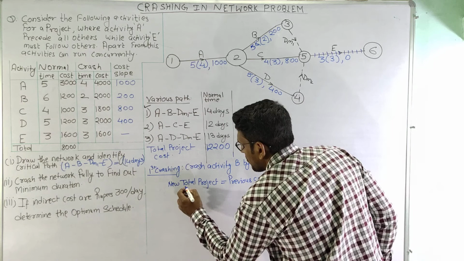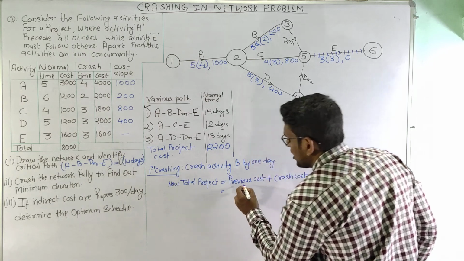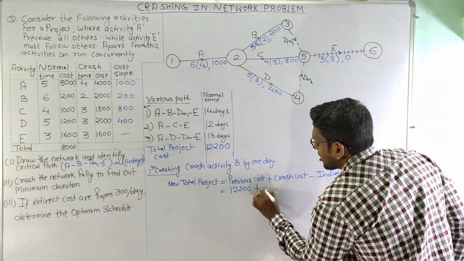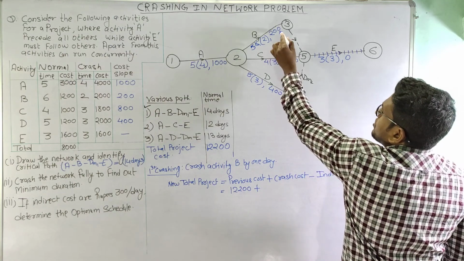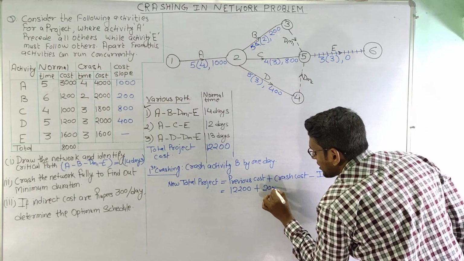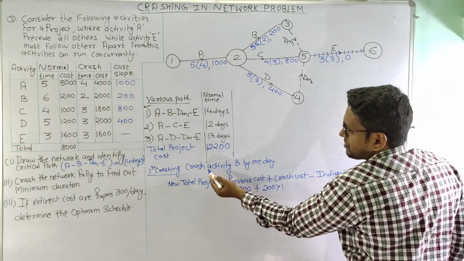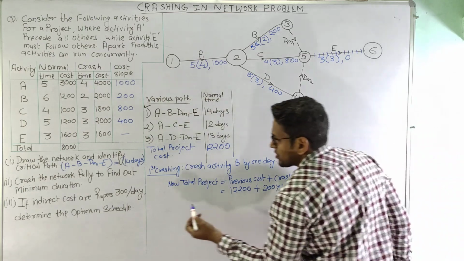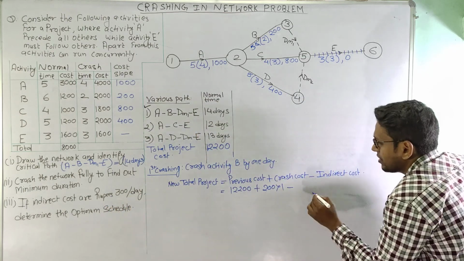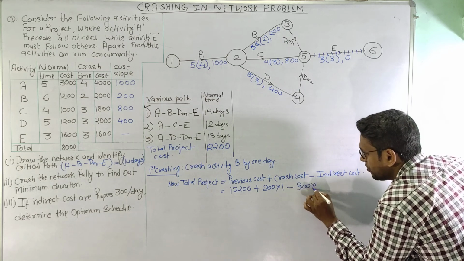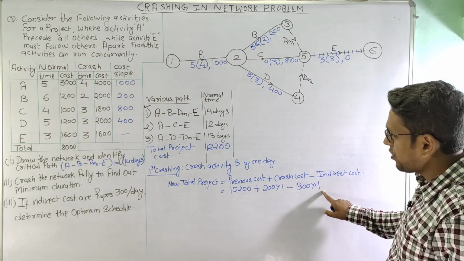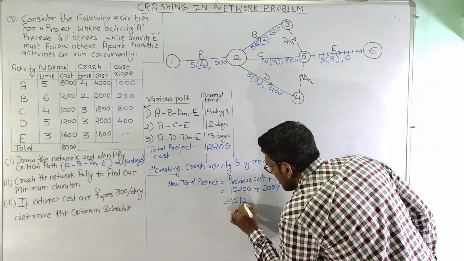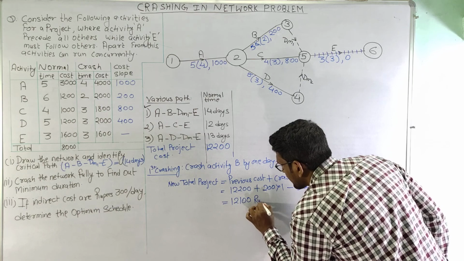So the new project cost is: the previous cost 12,200 plus crash cost, slope 200 into 1 day, because this activity has been crashed for 1 day, minus indirect cost. We know that indirect cost is rupees 300 per day, so 300 into 1, and this comes to 12,100 rupees.